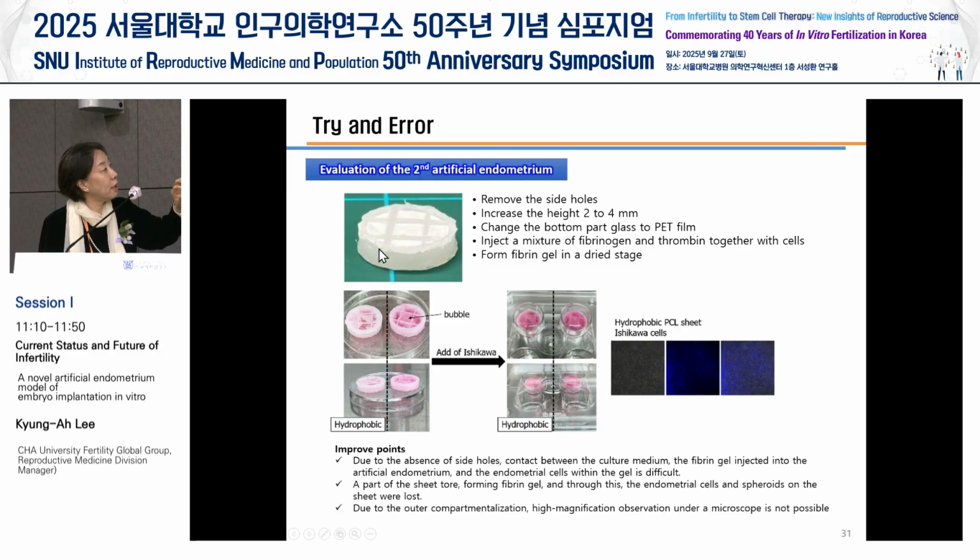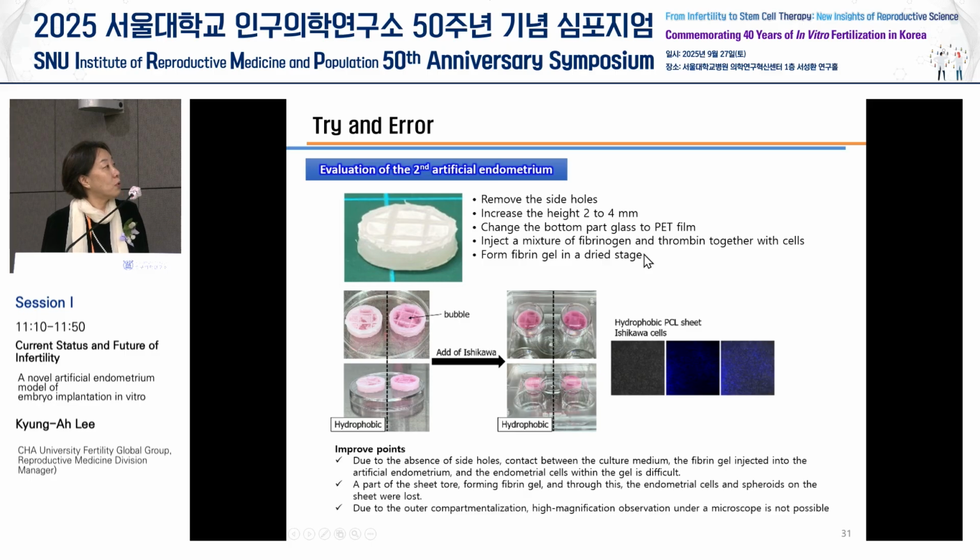We tried holes at the side to inject stromal cells with fibrin, fibrinogen with thrombin. Without this, we could not even inject the stromal cells into the structure.